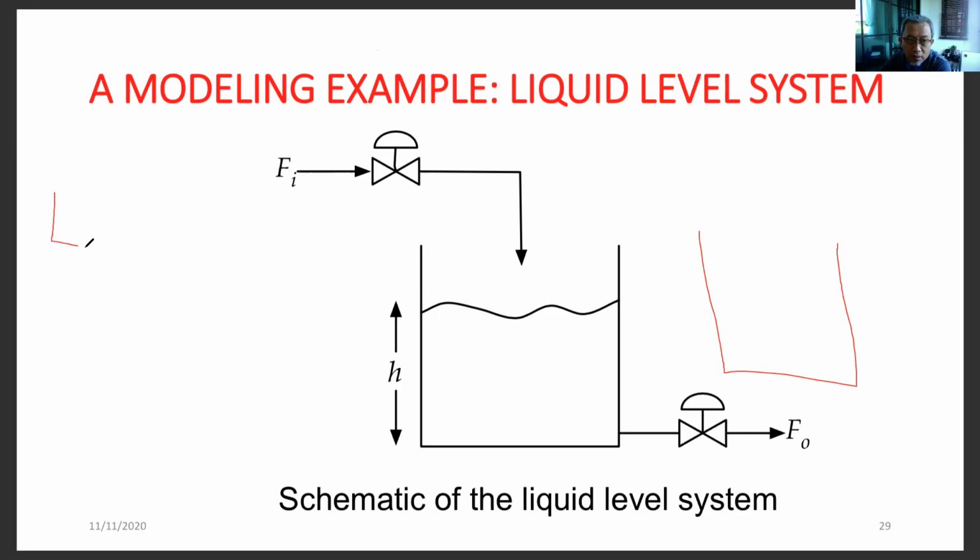Or you have 3 tanks connected like this. So the water flows here, here, and here. So this is a third order system. So it depends on the number of tanks in that particular system.